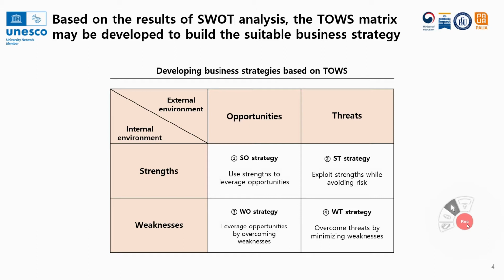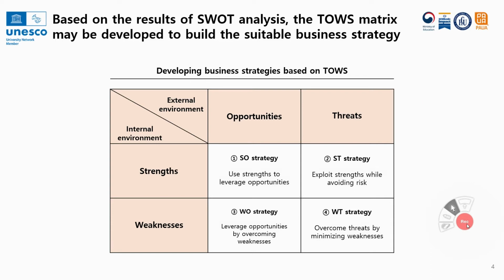We leverage opportunities by overcoming the weaknesses. So it's different from the SO strategy in that in WO strategy, we focus on overcoming our weaknesses, but in SO strategy, we focus on using our strengths.